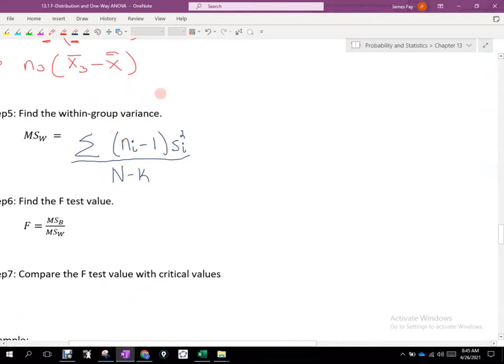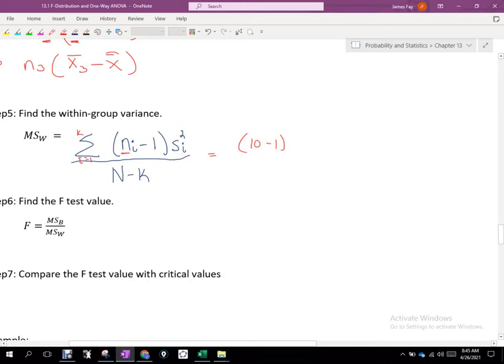Again, we'll go from i equaling 1 up to K. But we're going to take n sub i, which is the sample size, from the first sample, and subtract 1 from it. Our first sample size was 10, so we'll subtract 1 from it.